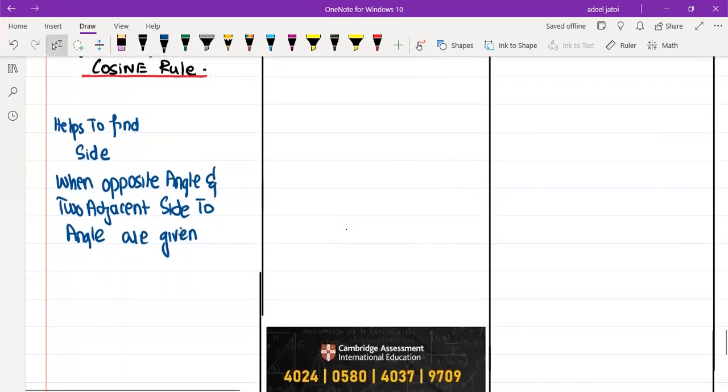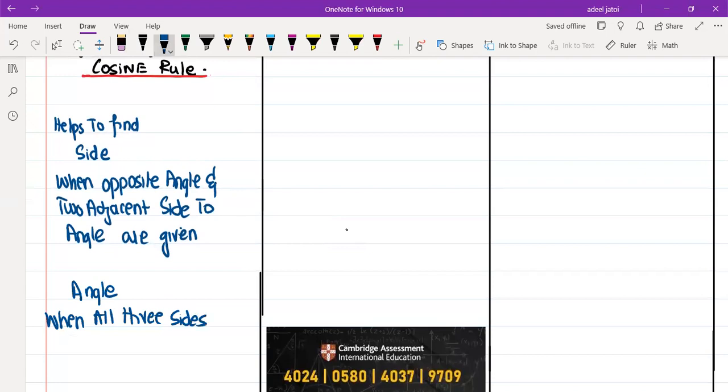Or the cosine rule helps us to find angle when all three sides are given.